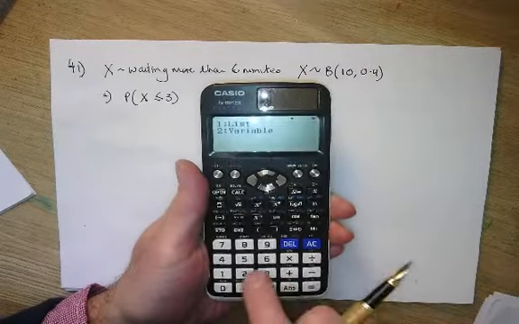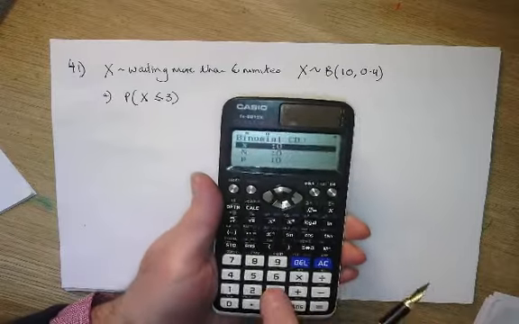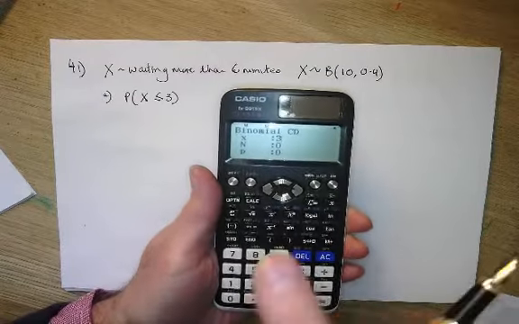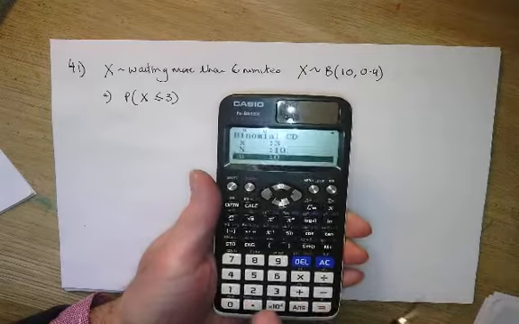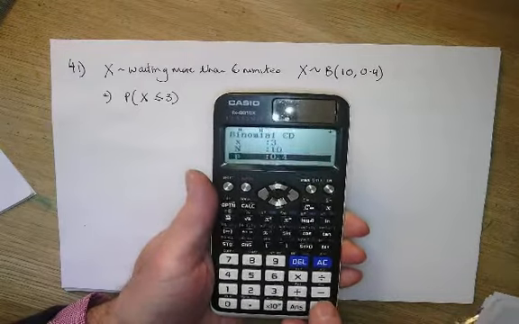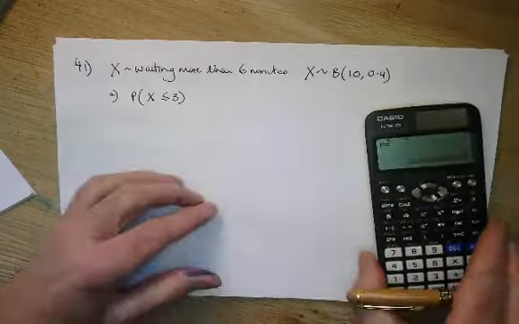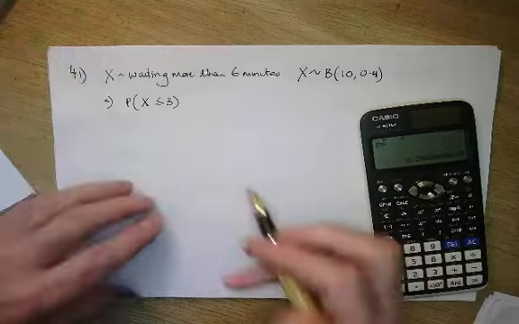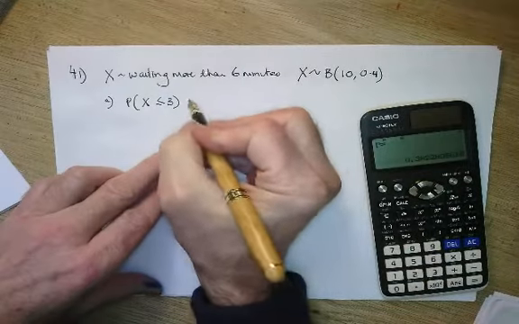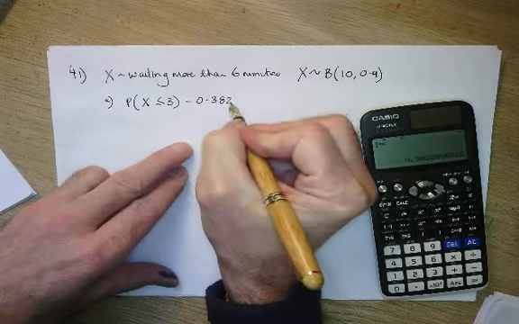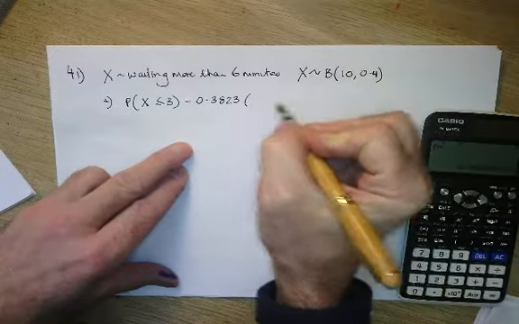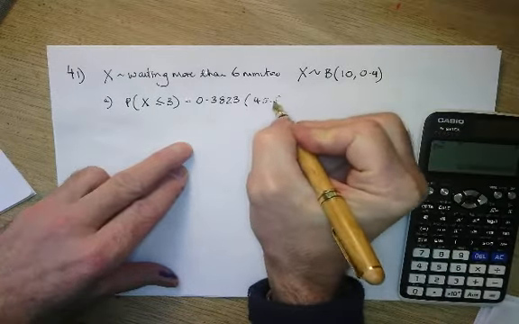I go down to cumulative distribution. X is 3. Remember, it includes 3. The number of trials is 10, and the probability of success is 0.4, and you get 0.38228. So I get the probability, all on my nice calculator, not like when I was doing this, and that's to 4 sig fig.